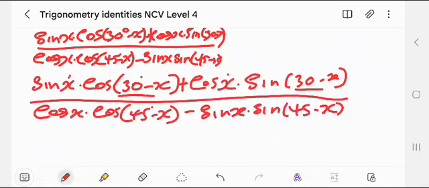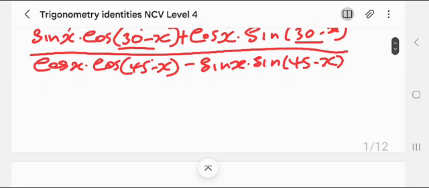As you can see, this is a compound angle of sine. So that is the numerator, but let's check the denominator, which is cos. Yes, the angles are the same. We have a compound angle of cos, right?